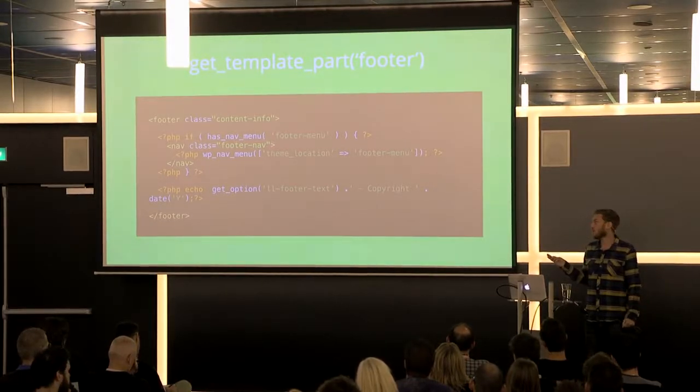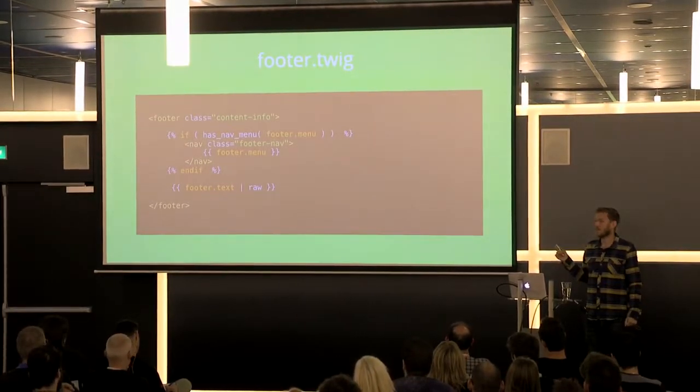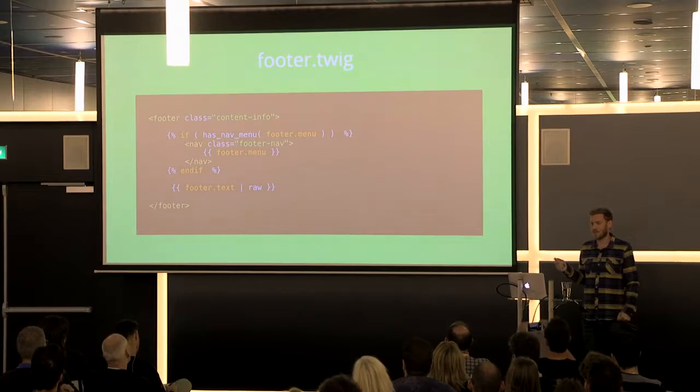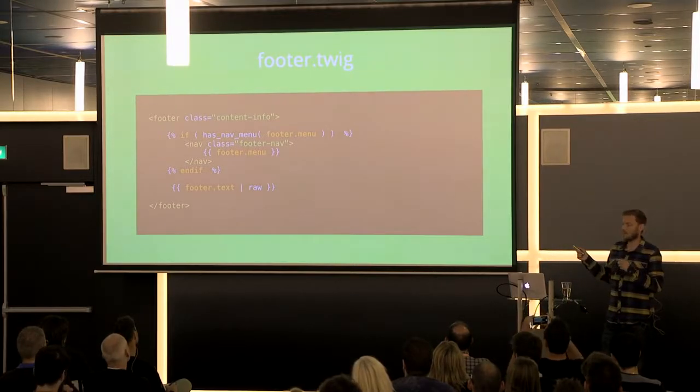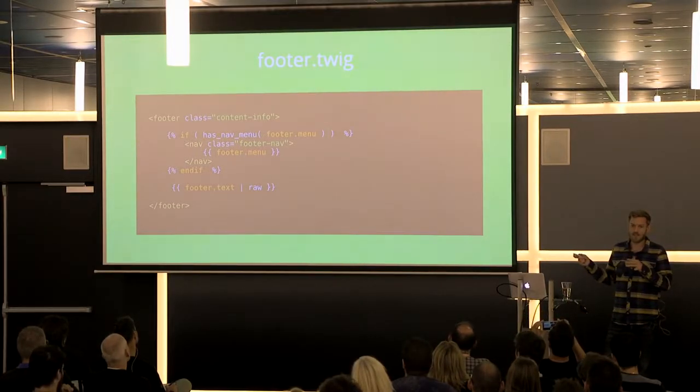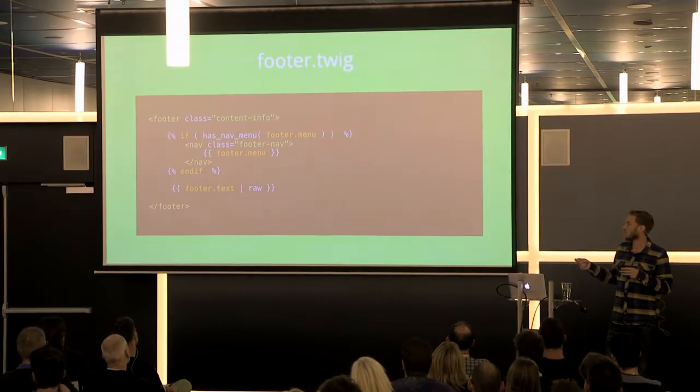We try to separate this. This is an example of a Twig file, and it's cleaner, it's easier on the eye, and there's no logic besides an if statement. That's it, if it's there or not.